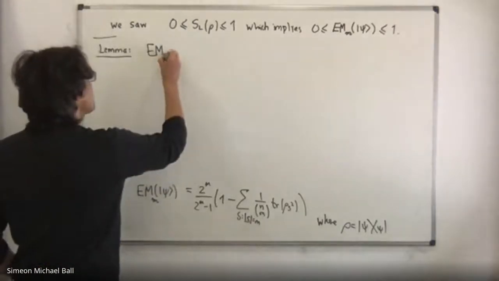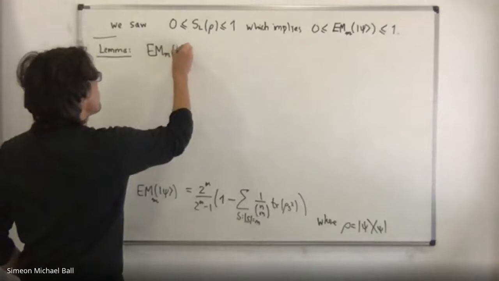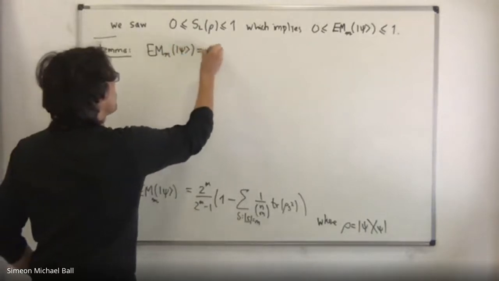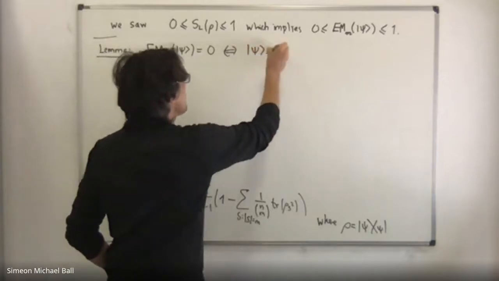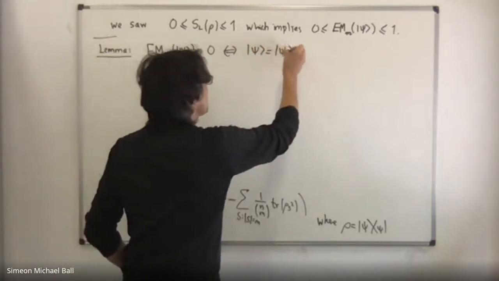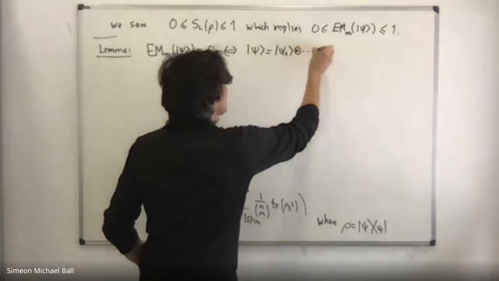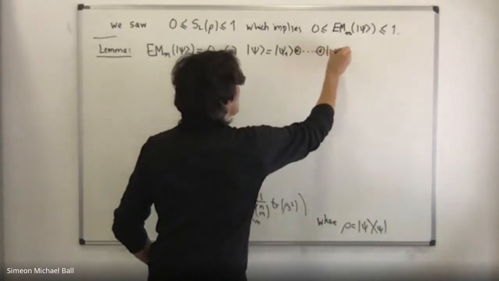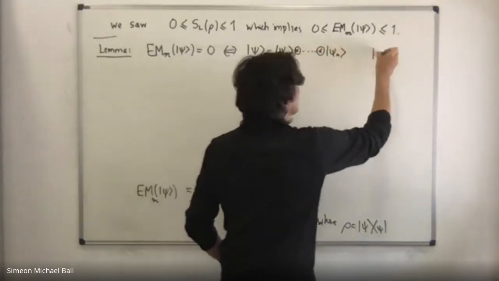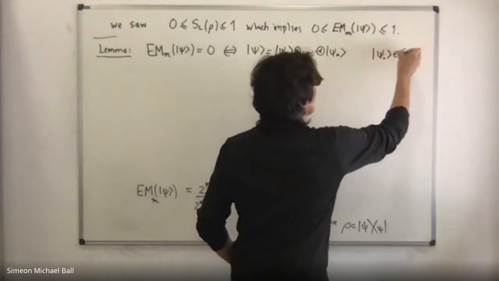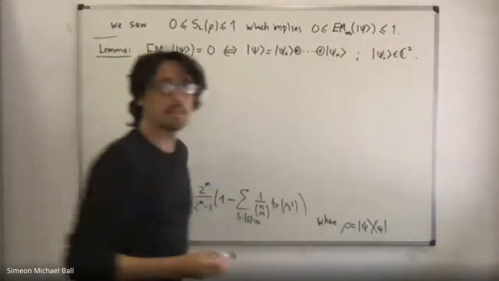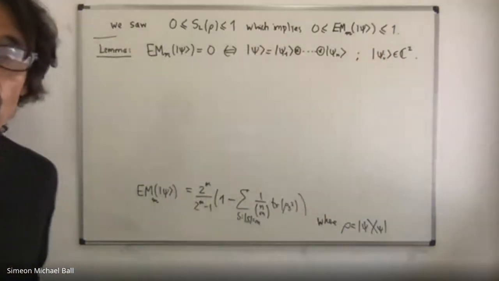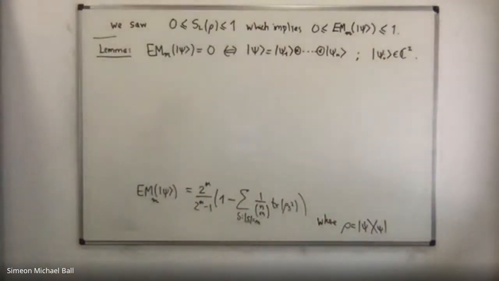Regardless of the n, if you get down to 0, then this state is simply the tensor product of n individual qubits.